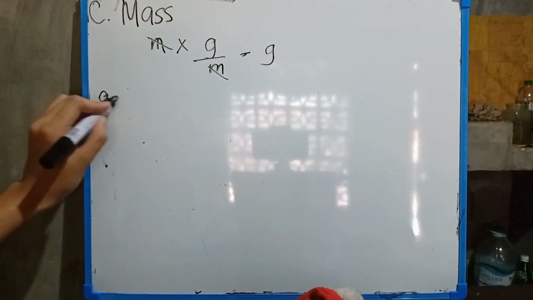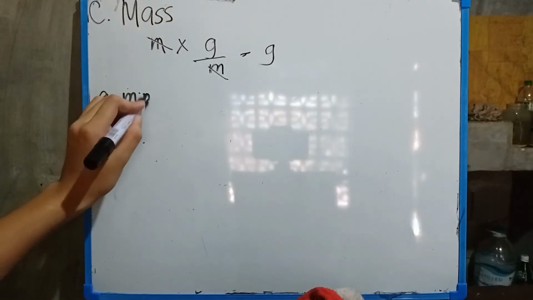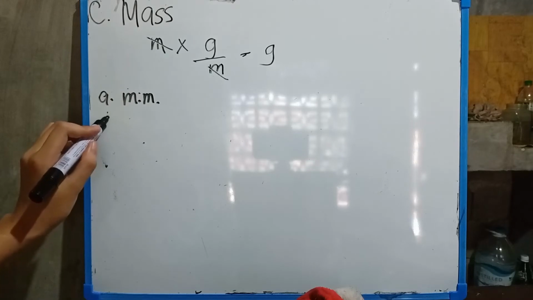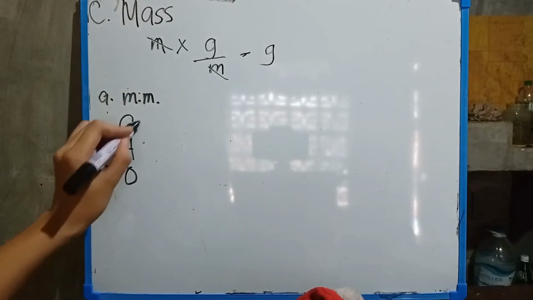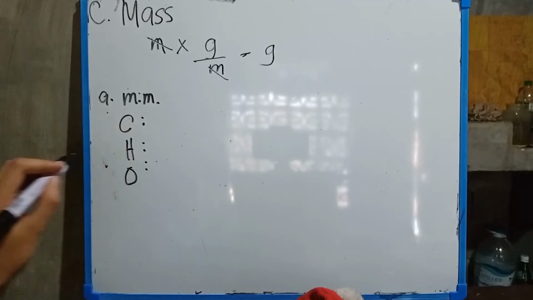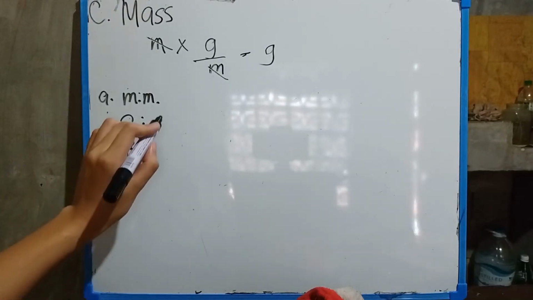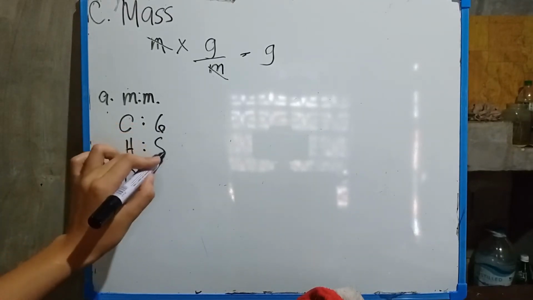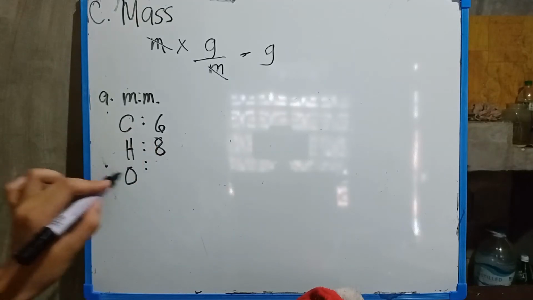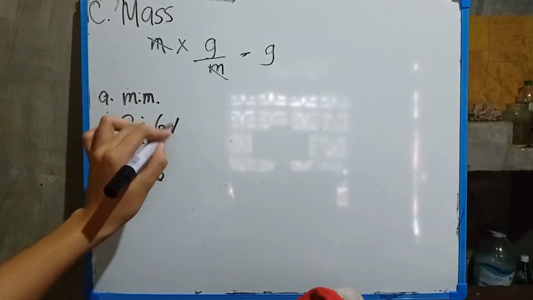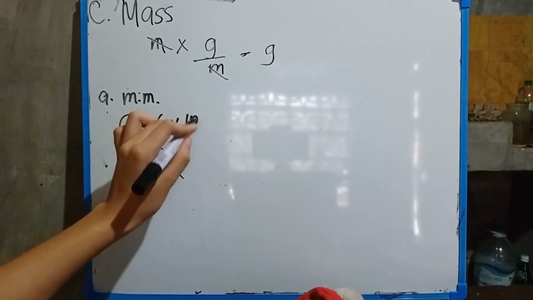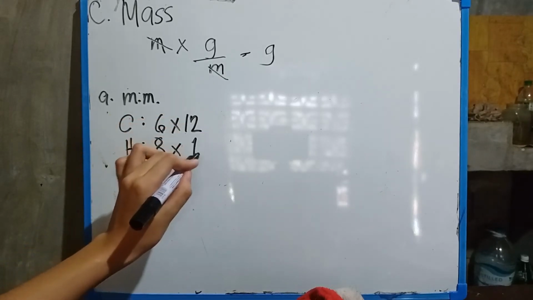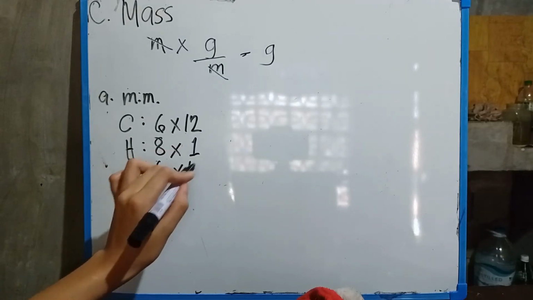Vitamin C is C6H8O6. So carbon is 6, hydrogen is 8, and our oxygen is 6. Multiply by their atomic mass. Carbon times 12, hydrogen times 1, and oxygen times 16.